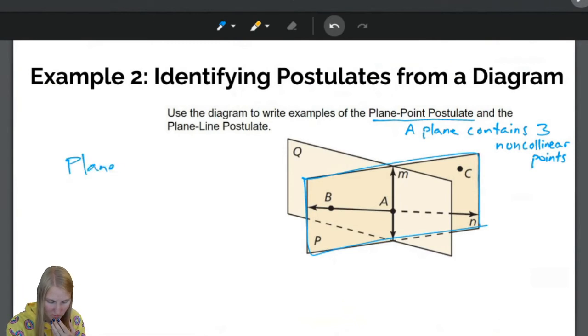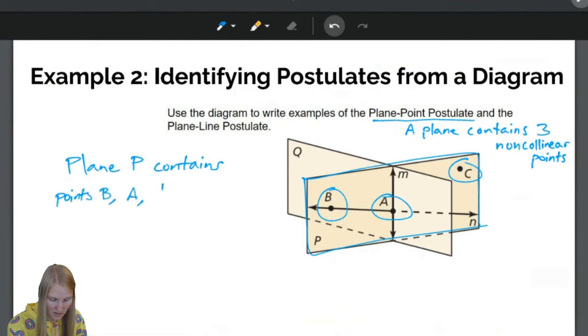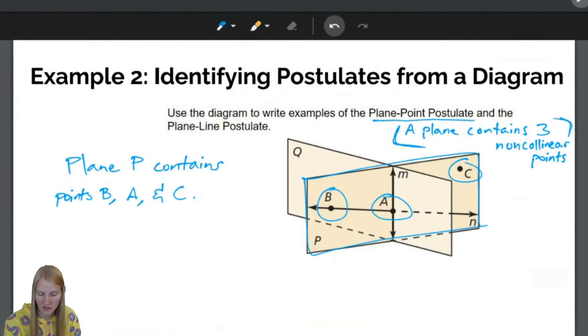Plane P contains point B, point A, and point C. Has 3 non-collinear points. So plane P contains points B, A, and C. That's an example of the plane point postulate, because the plane contains 3 non-collinear points. So we have written an example of it.